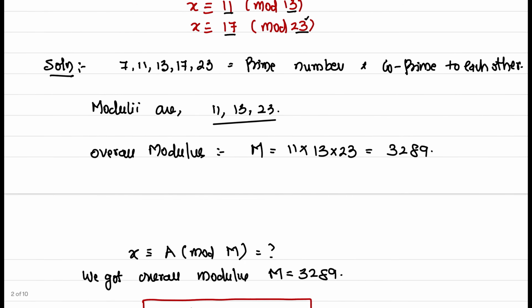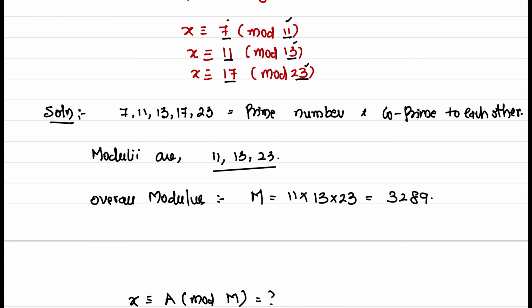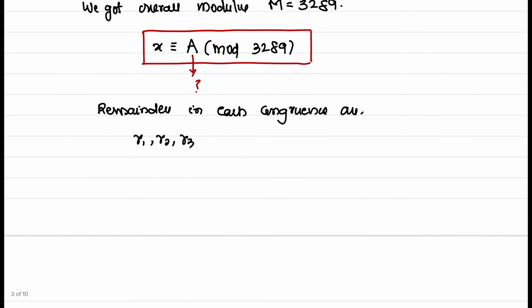What are they? 7 is R1, 11 is R2, 17 is R3. Now, we will apply the most famous Chinese Remainder Theorem to get the solution.